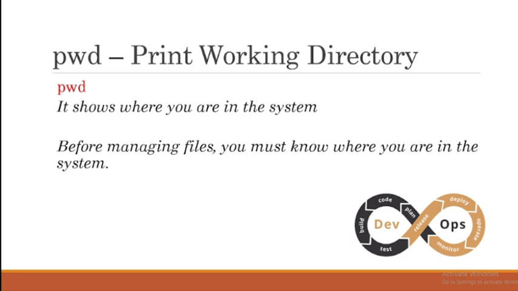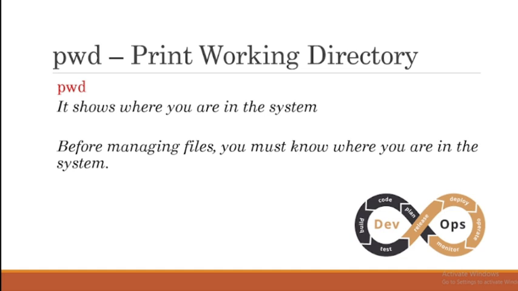When you log into the system, you are somewhere in the system, and you use the command pwd. You can create files, create folders, delete files and so on in our system. You must know where you are on the system.